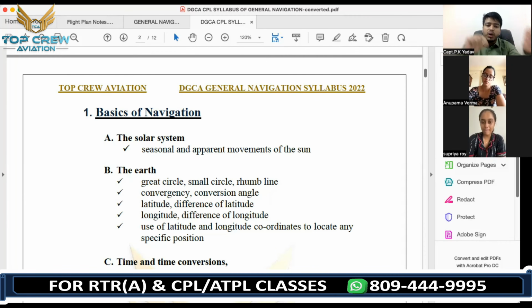So what we cover in general navigation, what we should study, what DGCA is expecting us to know. So we would discuss an overview of general navigation. That is one part of navigation. The combination of all subjects for CPL is known as air navigation. Right? So shall we start?